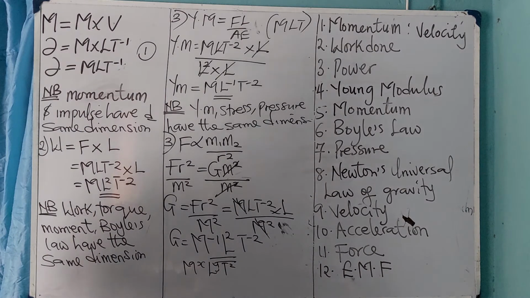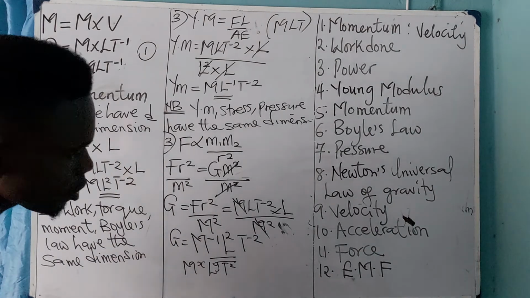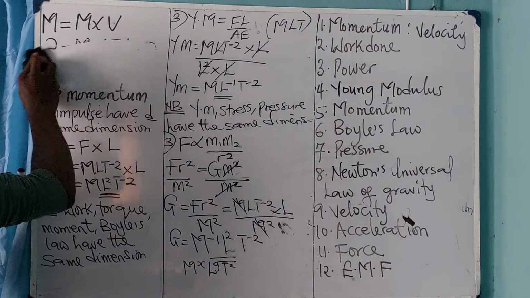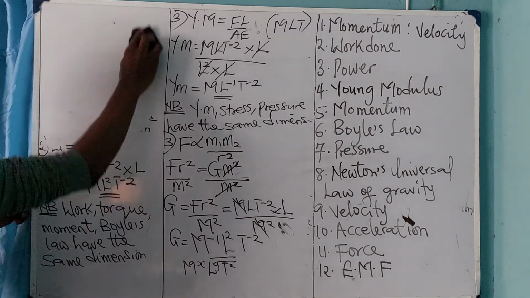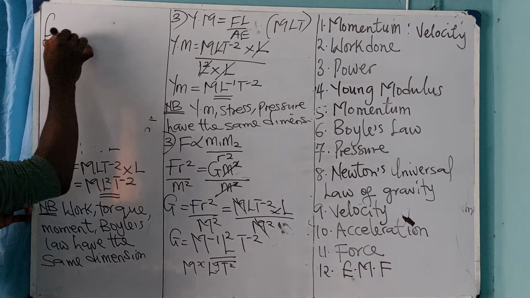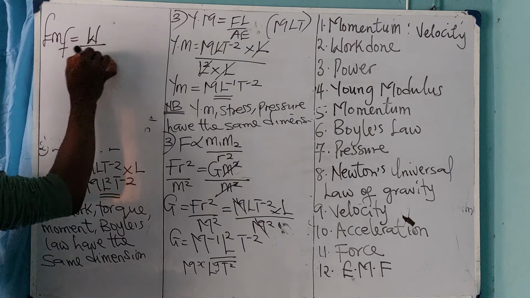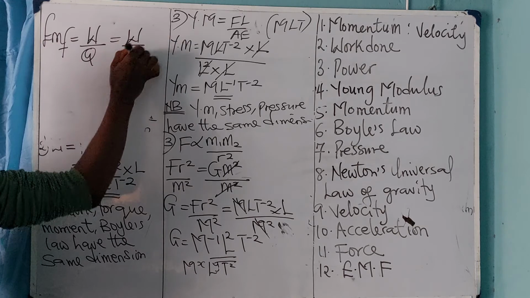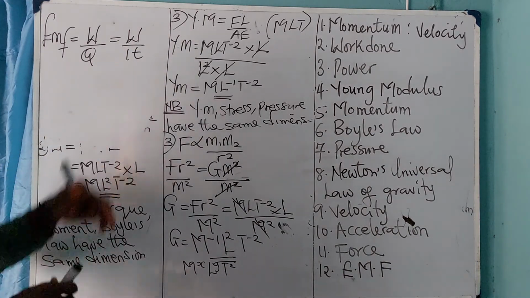Finally, let me deduce for EMF. The EMF of a battery means the work done in carrying a unit charge from infinity to a particular point, or to a considerable point. In doing that, you now have EMF equals W over Q. From electricity, Q is IT.